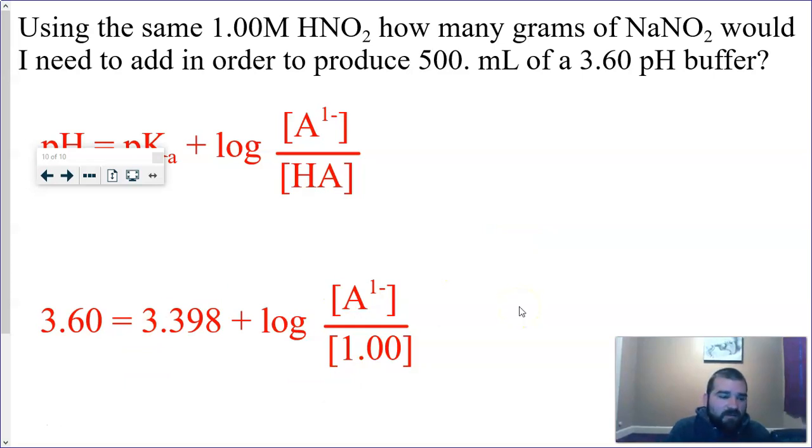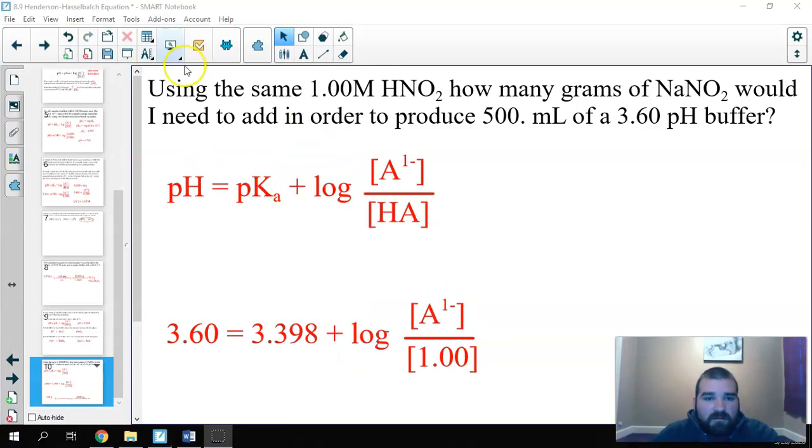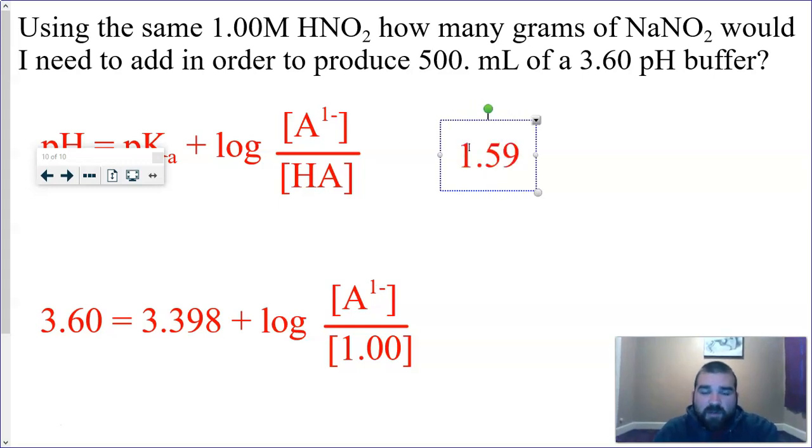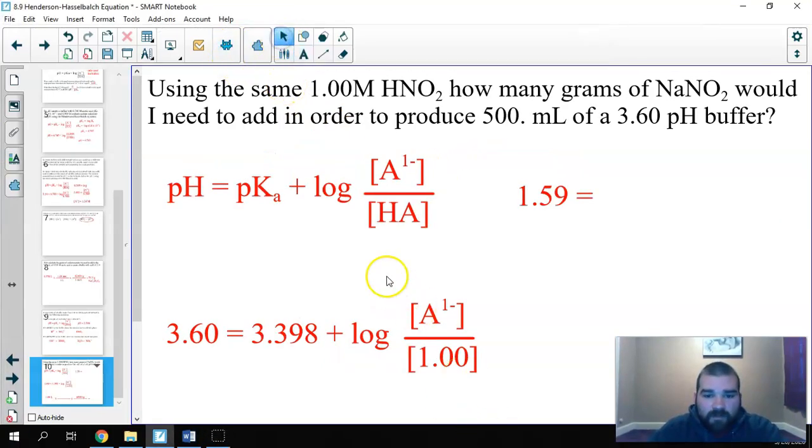I'm going to take 3.6 minus 3.398. I get 0.202. I need to unlog that, right? So kind of like we did in the previous example, I need to take 10 to the power of both sides to get rid of the log. If I take 10 to the power of 0.202, I'm getting 1.59, and again, there are more digits behind that, and that's going to equal this ratio.